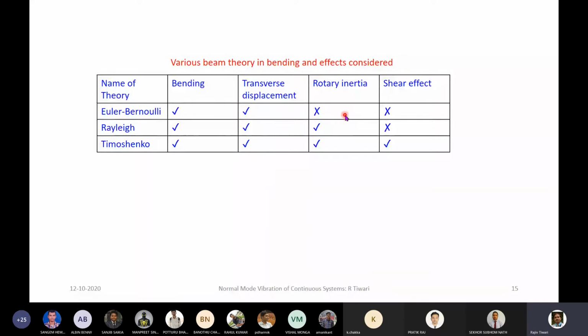If we ignore the rotary inertia also and shear effects also, then this is called the Euler-Bernoulli beam, which in strength of materials you learn about as the hypothesis of the Euler-Bernoulli beam. So this is the summary of various effects for various kinds of beams.